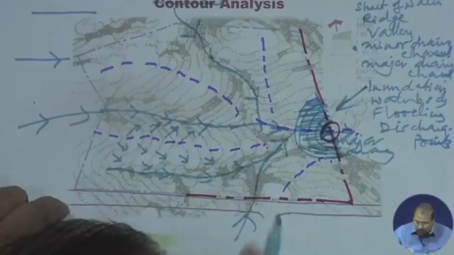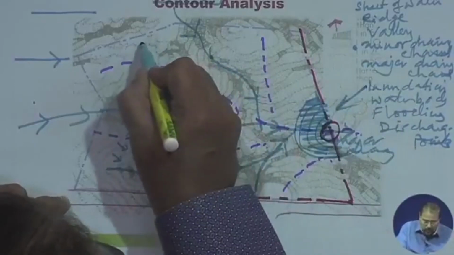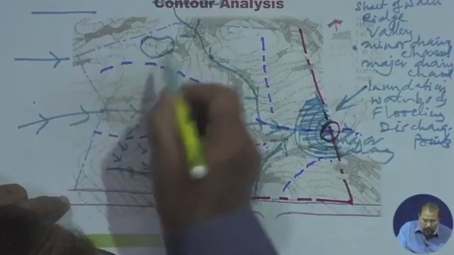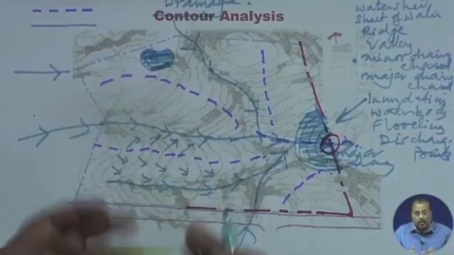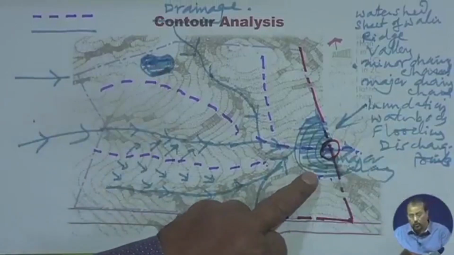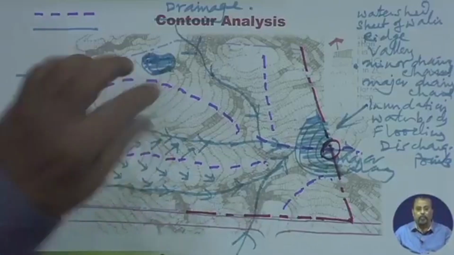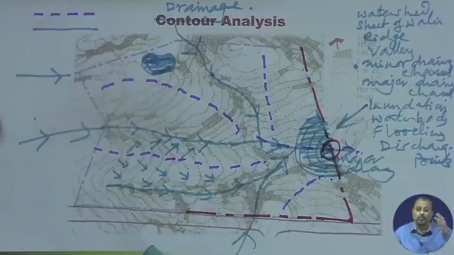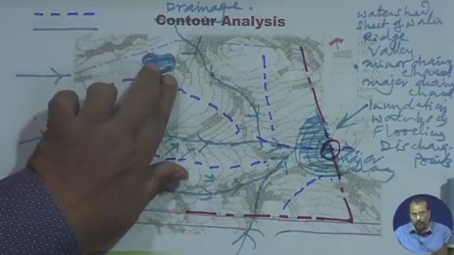If suppose in my site I have found somewhere, I'm just trying to draw an example, that there is a stagnant water body in which water is not being drained out, it is just contained within. This is the water body which I have listed over here. This is the area which is subject to inundation. In the water body, the water will remain fixed, subject to a little bit of variation because of evaporation, but otherwise all the water is contained within.